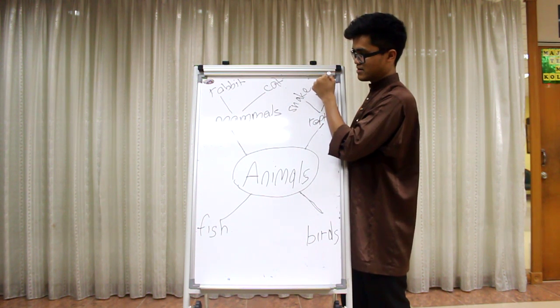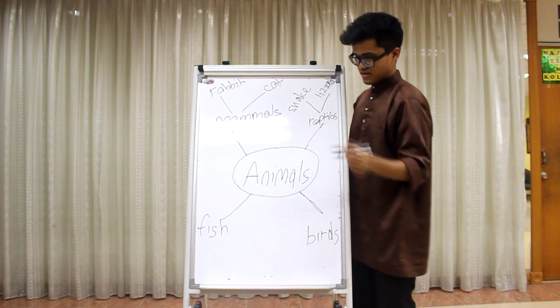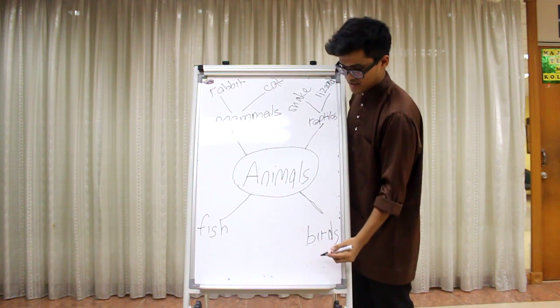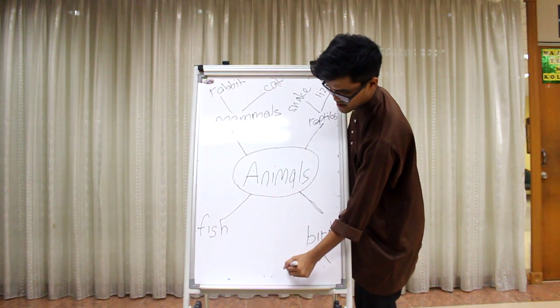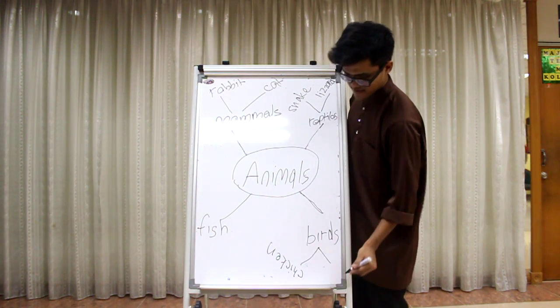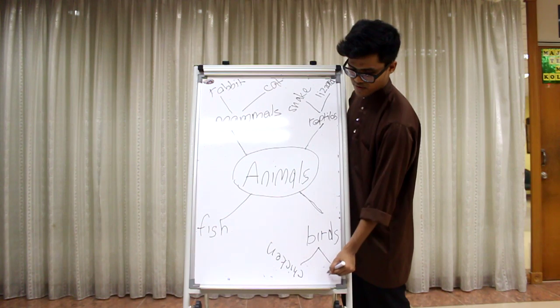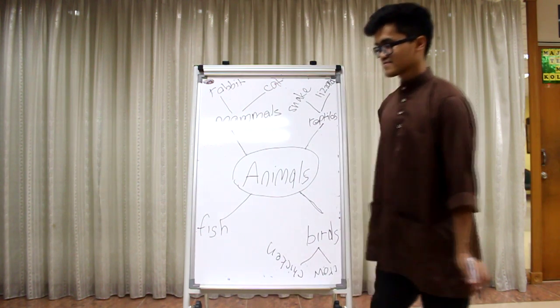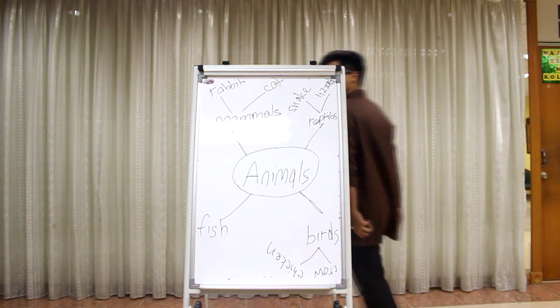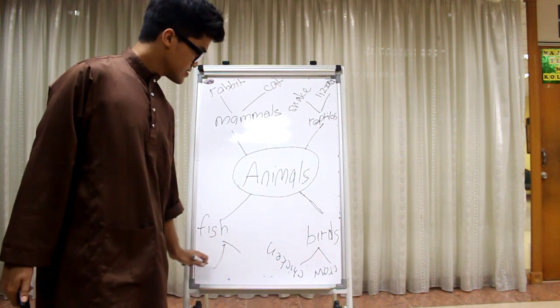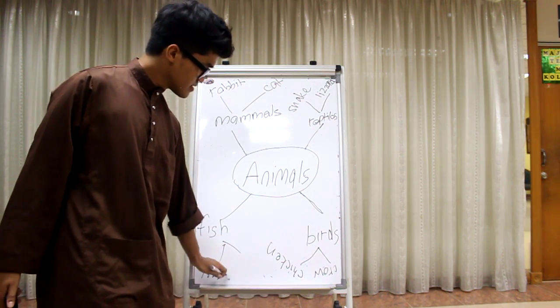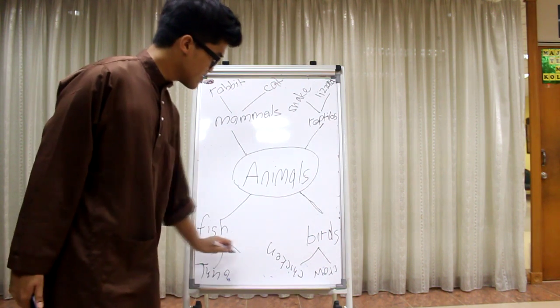Lizard. Birds is the third category. Chicken and crow. And the fourth category is fish. Tuna, salmon, clownfish.